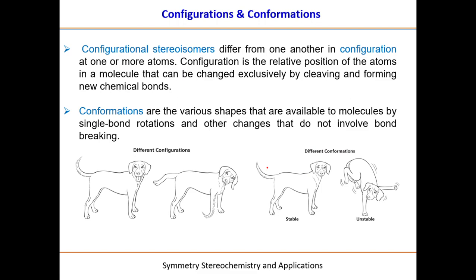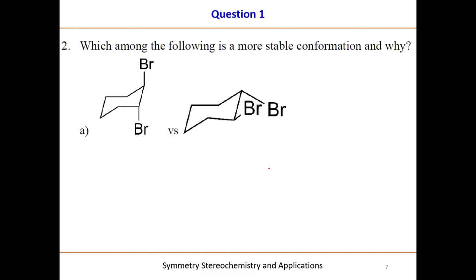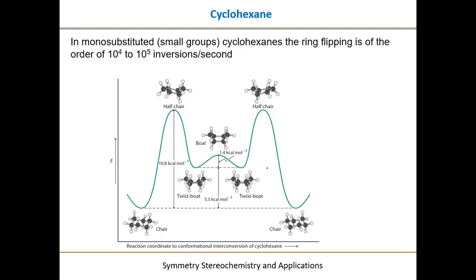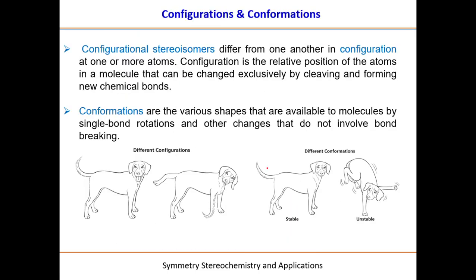So the next slide is basically talking about configuration and conformation. Before solving the second question, stability of the conformation, I would like to give a brief introduction about configuration and conformation. So what is configuration?